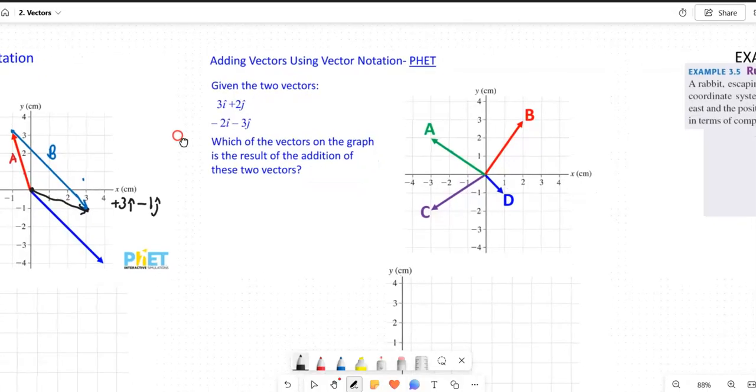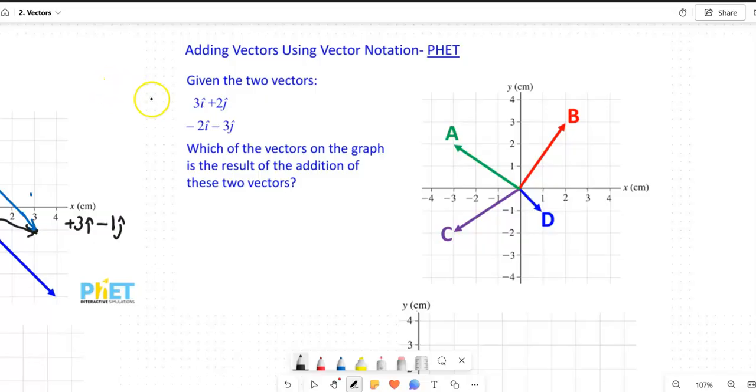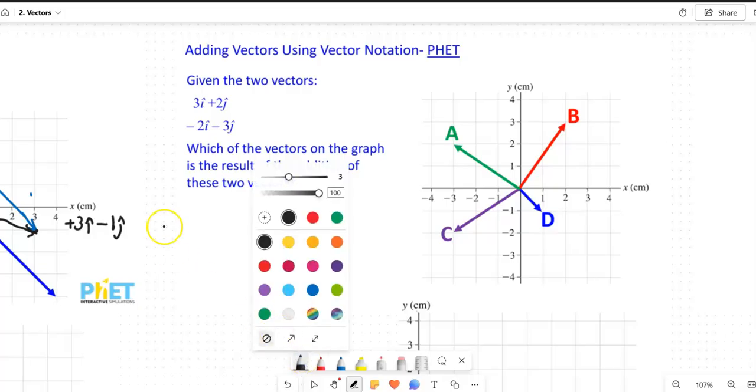Okay, so given the two vectors, 3I plus 2j and -2I minus 3j, which of the vectors on the graph is a result of the vector addition of these two? Okay, so this is teaching you the mathy version.